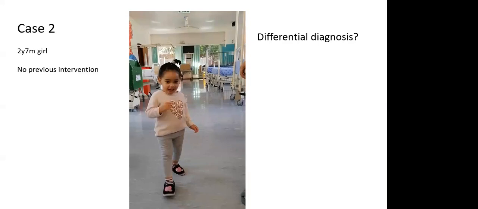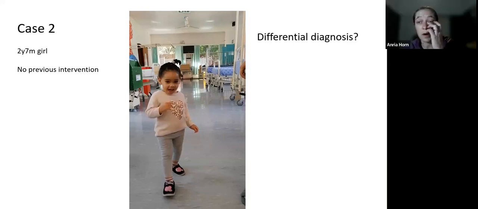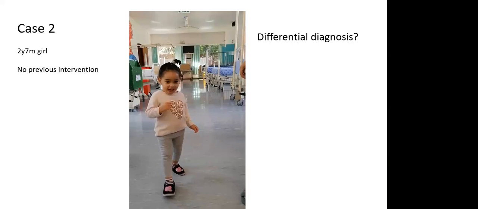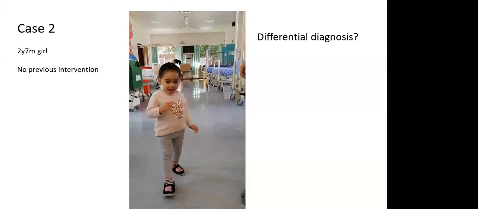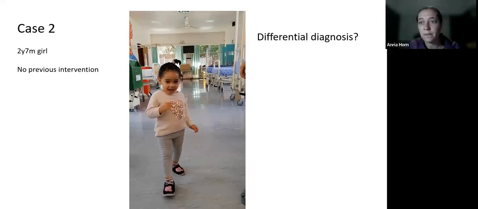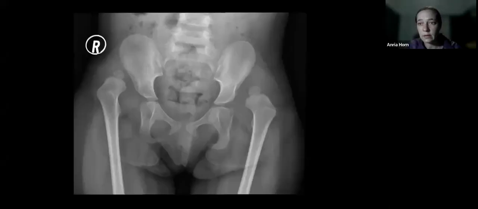Coxa vara is probably the answer I was looking for the most, bilateral coxa vara, but then anything else, AVN, epiphyseal dysplasia, post-traumatic, yeah. But what I was looking for was the coxa vara, yes. Uncommon, but important.